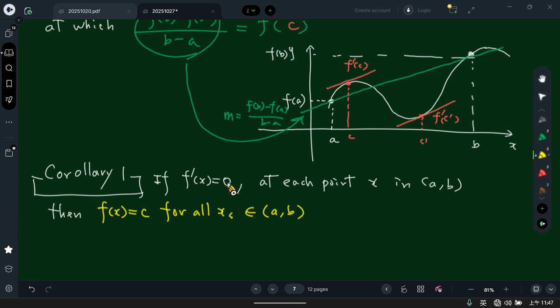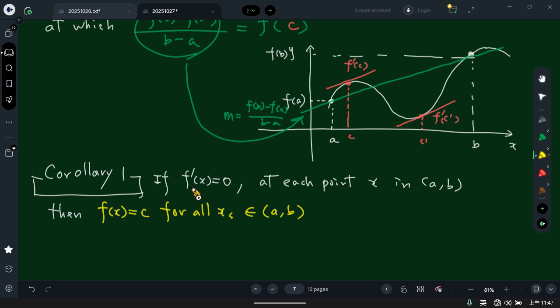This is a very important result because actually, based on this fact, we start to understand integration. Even though so far we still focus on differentiation, this kind of starts to look at integration.